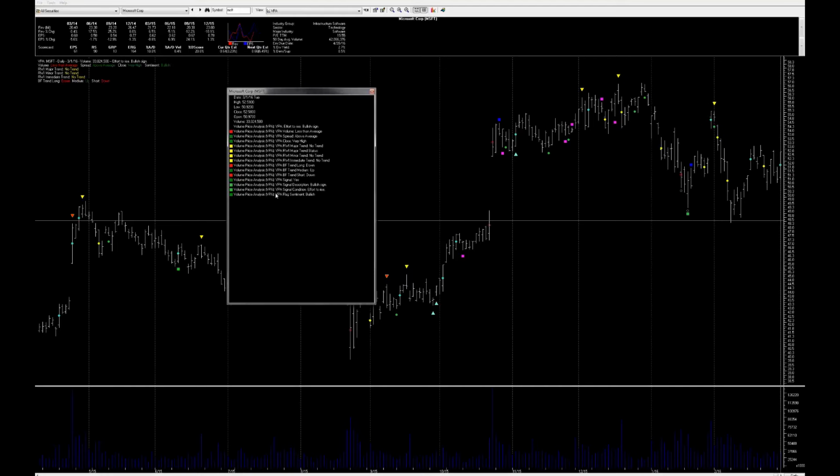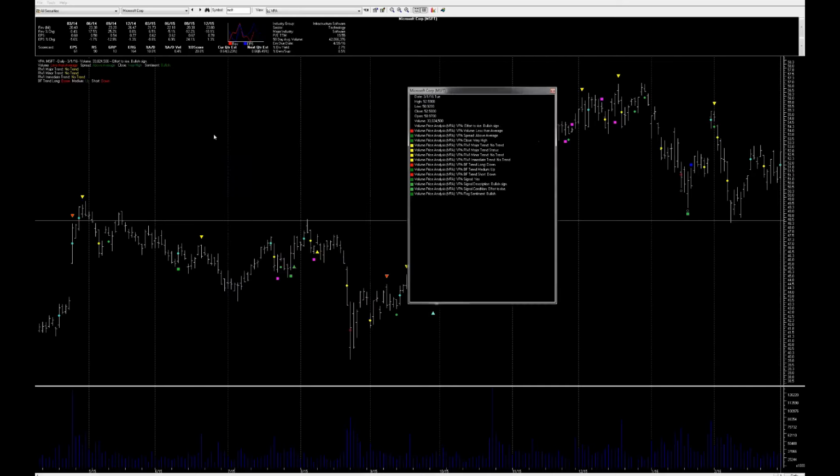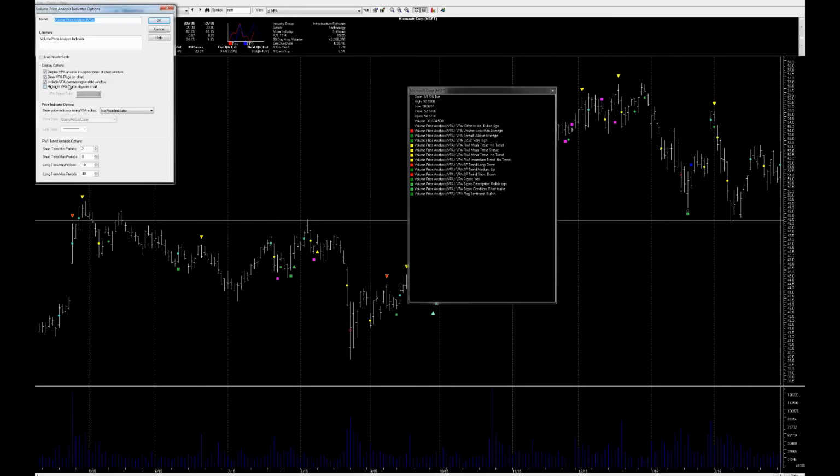But as you can see, there's a lot of text here, and if you've got more than just the VPA in your chart, you may not actually want this data to show up in your data window, which is why we have an option, so you can turn it off. I'll talk about the VPA signal stuff in a minute.